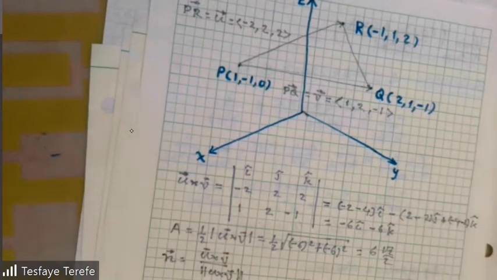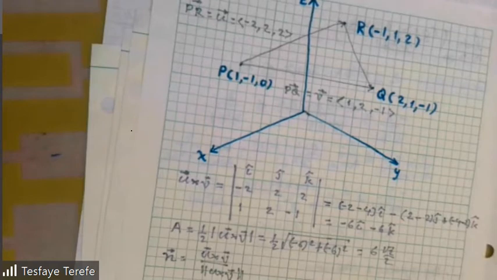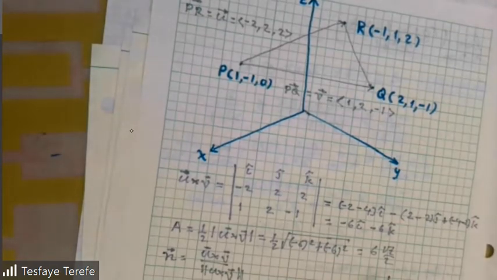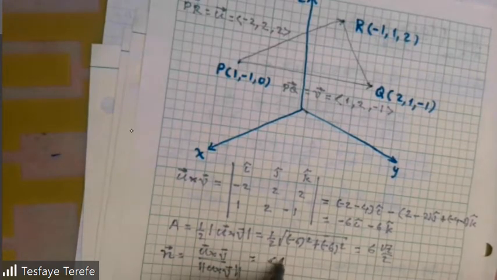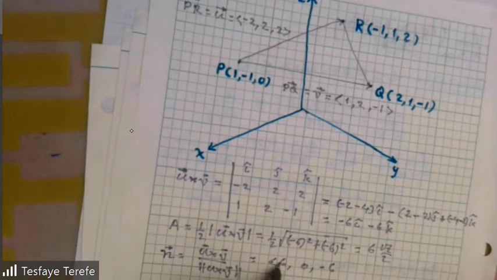That is what we are going to do. And as you know, this one has a magnitude of 6 square root of 2. So this is going to be -6. Let me write it in component form, -6, divided by 6 square root of 2, and that is it.